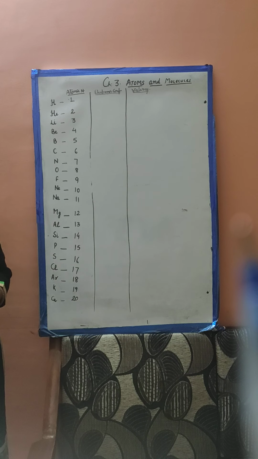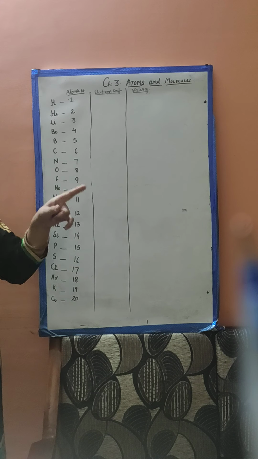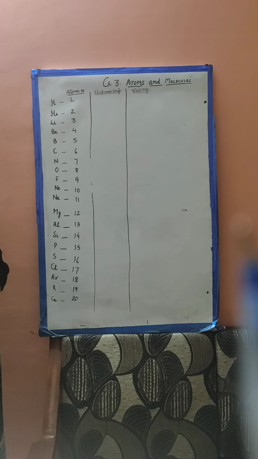Protons and neutrons lie deep inside the nucleus, but electrons revolve around the nucleus in certain definite shells called orbits. The number of protons, which are positively charged, and the number of electrons, which are negatively charged, are equal in any atom. That's why an atom is electrically neutral.